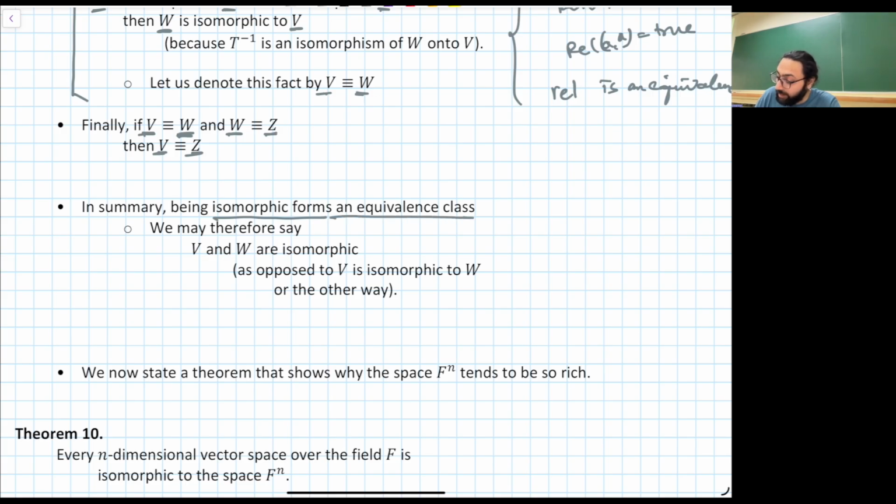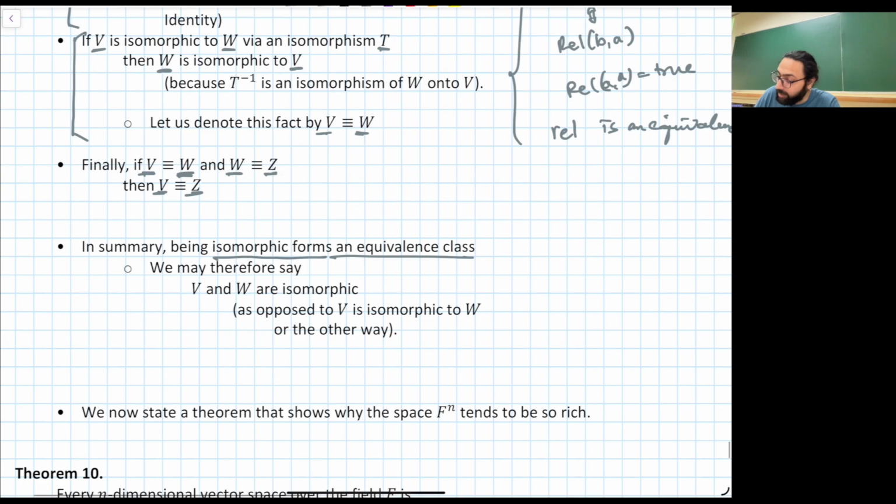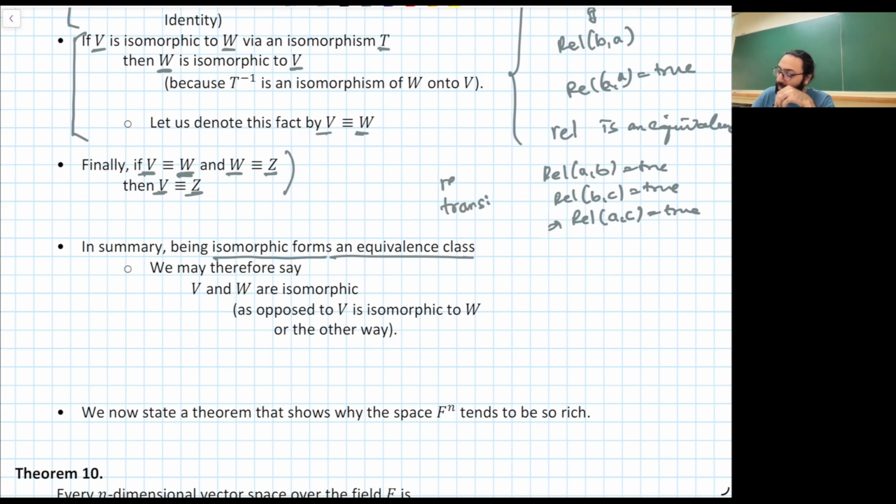Actually, I think you need this separately as well: if relation AB is true and relation BC is true, then it should imply relation AC is true. I cannot think of a counterexample directly, but yes, you need the transitivity property. So you need transitivity, and you need reflexivity. I think that's it.